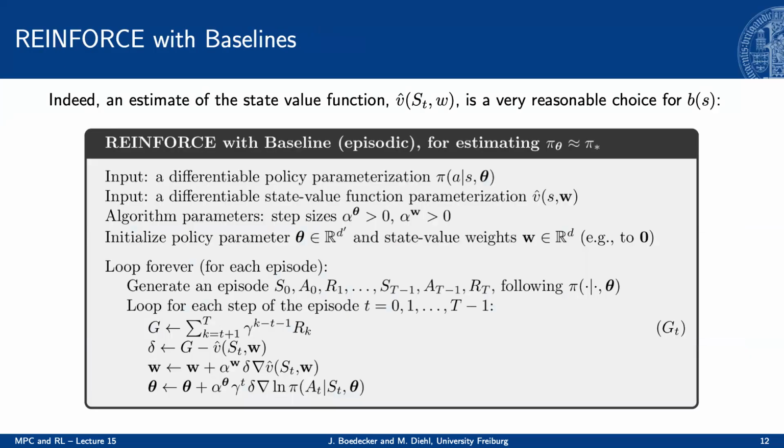Here you see a REINFORCE with baselines algorithm that includes this idea of adding the baseline. So basically, in addition to the parameterized policy pi that has parameters theta, you also have an estimation of your state value function, v hat of s with parameters w, just as we had in the value-based methods.